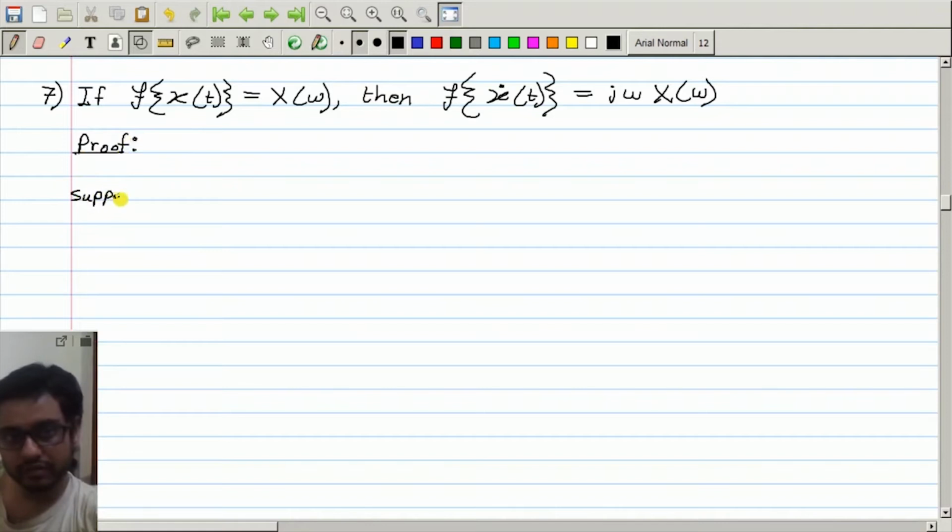Suppose the Fourier transform of x dot is equal to capital X prime.